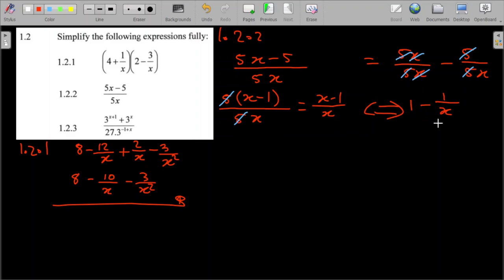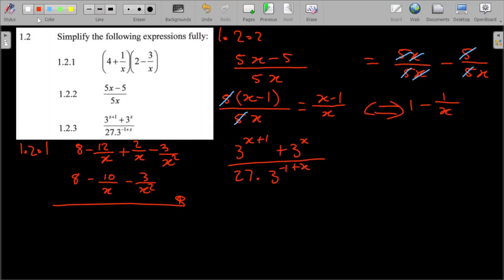You can also prove by making the LCD here. You probably will see that these two are exactly the same. Now, 3x plus 1, sorry, 3 into x plus 1 plus 3 into x, all over 27 times 3 into negative 1 plus x.